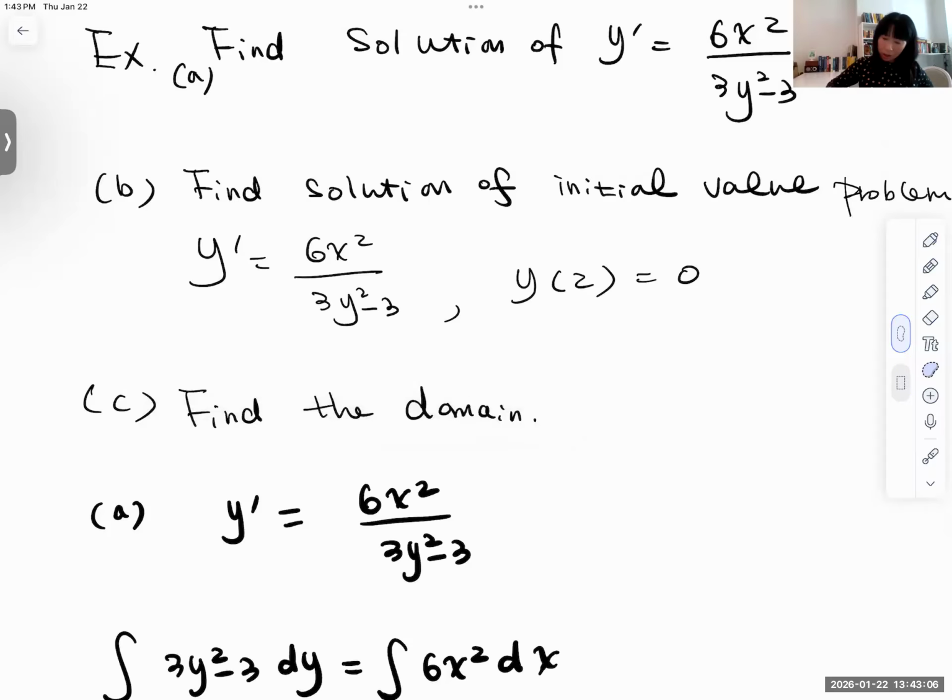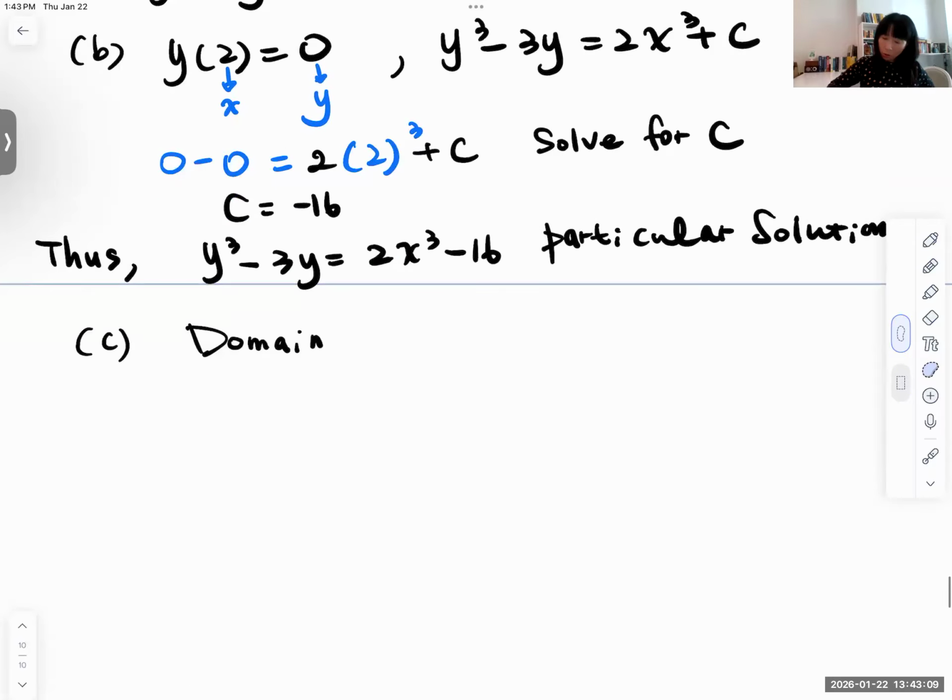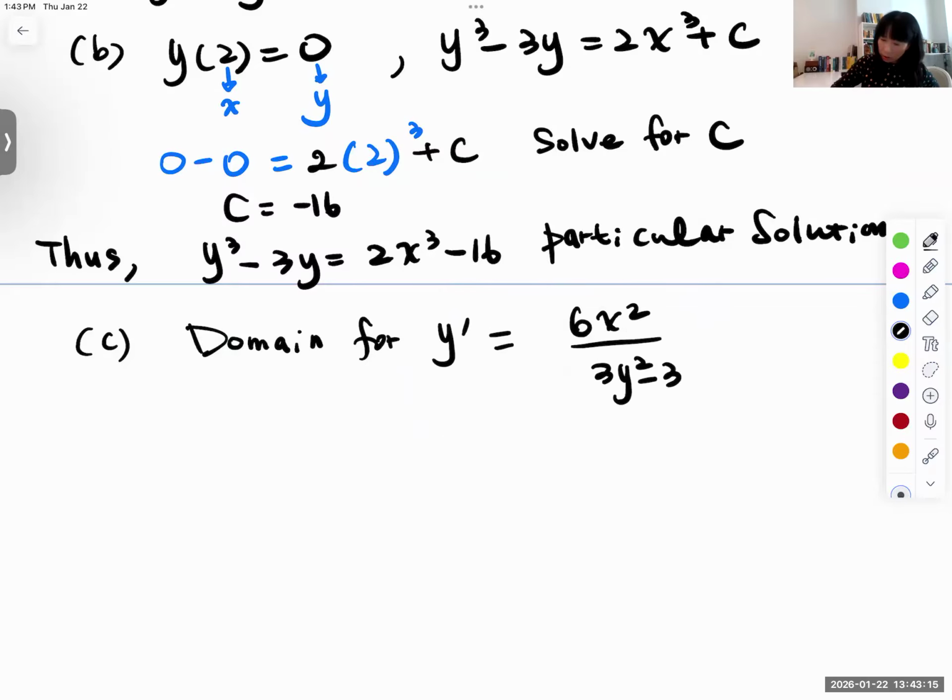Then it's a fraction. So we don't want the denominator equal to 0, right? So cannot have denominator equal to 0.